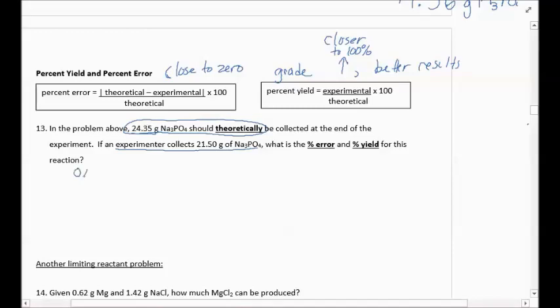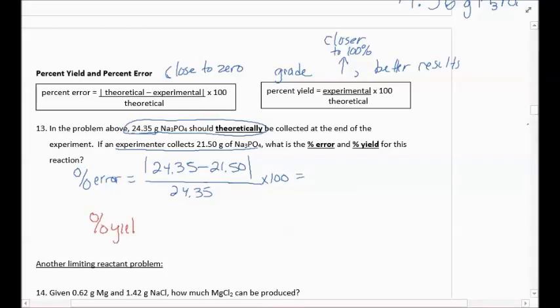So to calculate percent error, we're going to take the theoretical, which is 24.35, and subtract 21.50. Take the absolute value, divide it by the theoretical, times 100. And then to calculate the percent yield, we're just taking the experimental over the theoretical times 100.